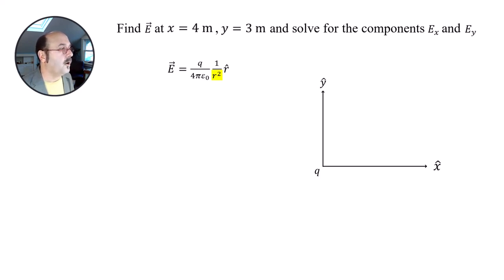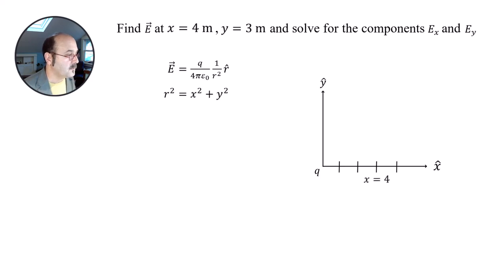This value r can be solved if we know x and y. So if I just write down a quick reference, of course, r squared equals x squared plus y squared.